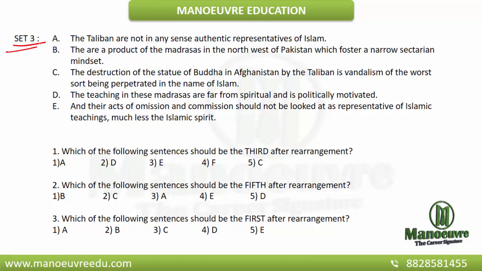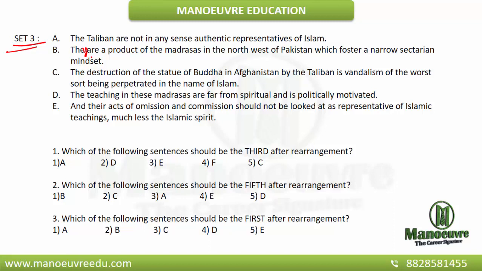Statement A talks about the Taliban are not in any sense authentic representatives of Islam. Statement B, they are a product of the madrasas in the northwest of Pakistan which foster a narrow sectarian mindset. Statement C, the destruction of the statue of Buddha in Afghanistan by the Taliban is vandalism of the worst sort being perpetrated in the name of Islam.